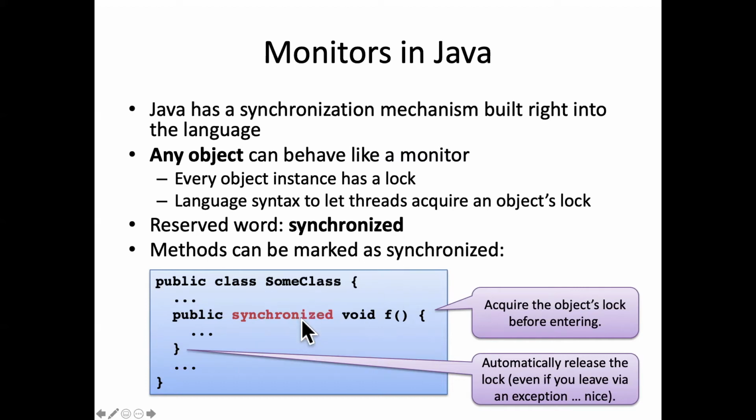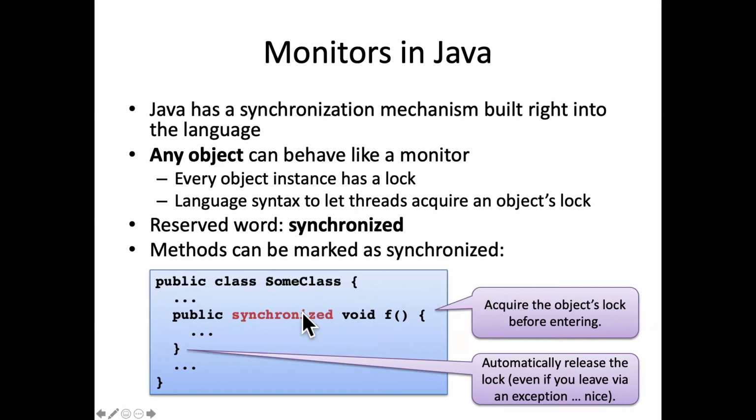The word synchronized there means, well, let me say, every object can have a lock associated with it. And if you start using an object like a monitor, you're using the lock on that object. And all the word synchronized here means is acquire the lock on this object before entering this method.